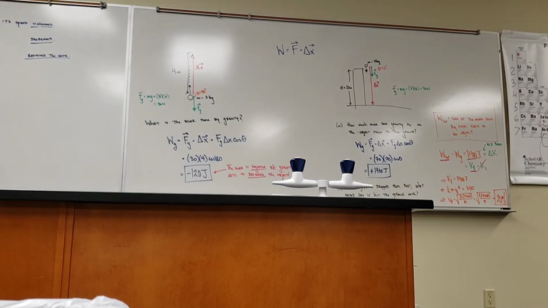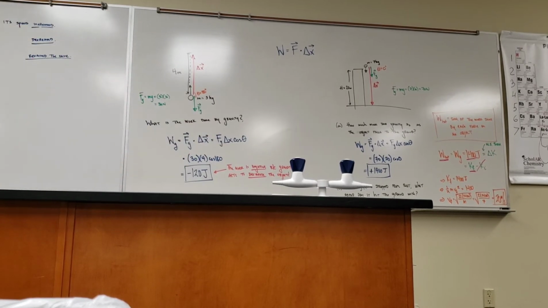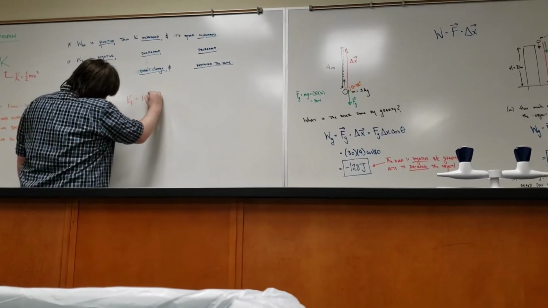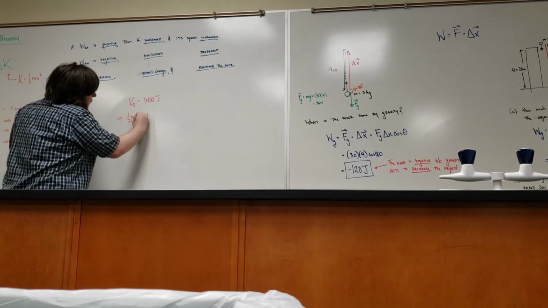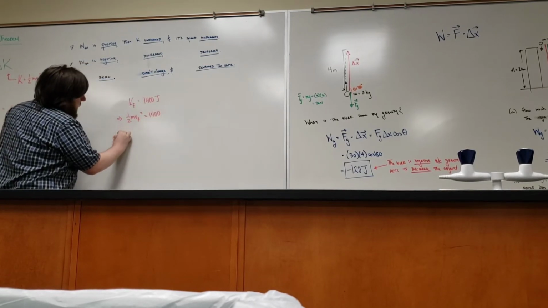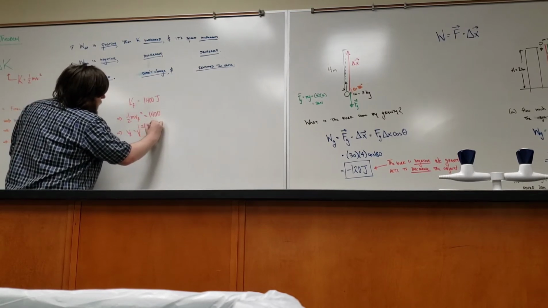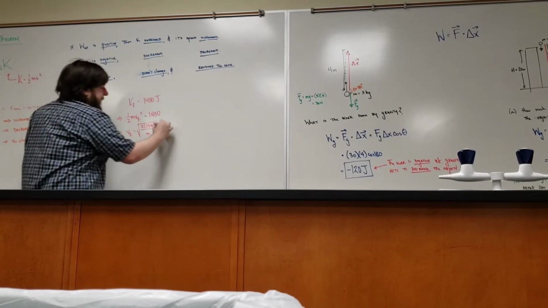Okay? Really quickly, for those of you who can't see it, what I wrote in that corner down there is K final equals 1400 joules. So 1/2 m V final squared is 1400, and so V final is the square root of 2 times 1400 divided by m. M is 7.